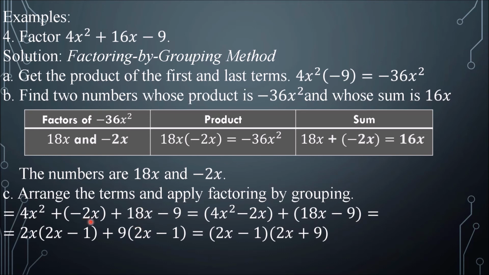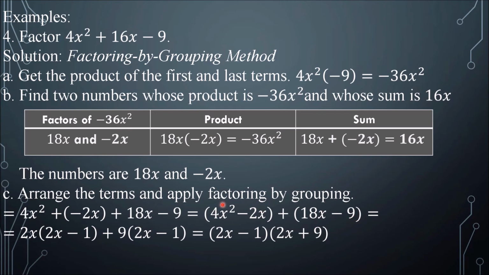Take note, negative 2x plus 18x is equal to 16x. Now, let's have grouping. 4x squared minus 2x, that one. So, plus negative became minus. Now, 18x minus 9 is 18x minus 9.